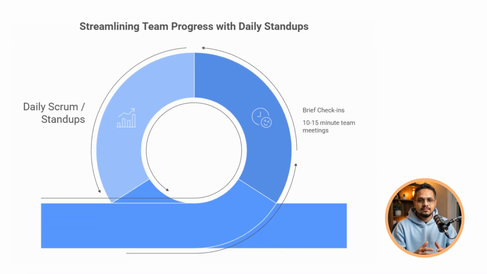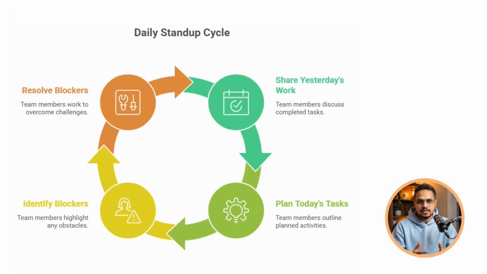Now, there is something I'm sure you all know called daily stand ups, short 10-15 minute check-ins to track progress. Daily stand up is basically a short daily meeting where the team shares what they did yesterday, what they'll do today, and if there are any blockers needing attention now.